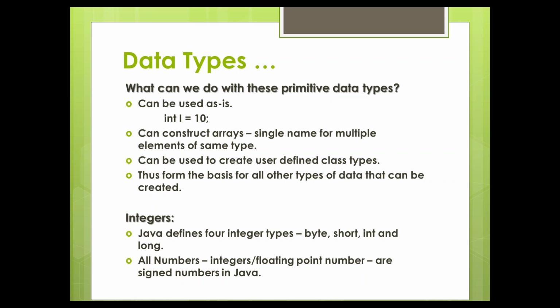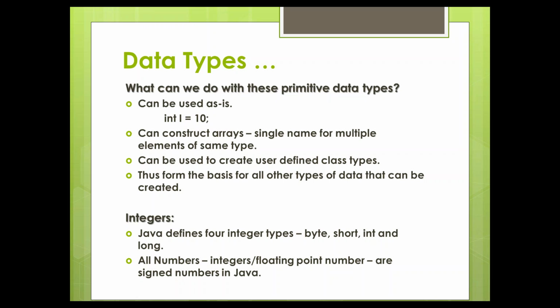Here, int is a single int, the variable that you declare with a particular primitive data type. For example, here I have declared int i, right? That can hold only one value, but arrays can hold multiple values of the same data type.